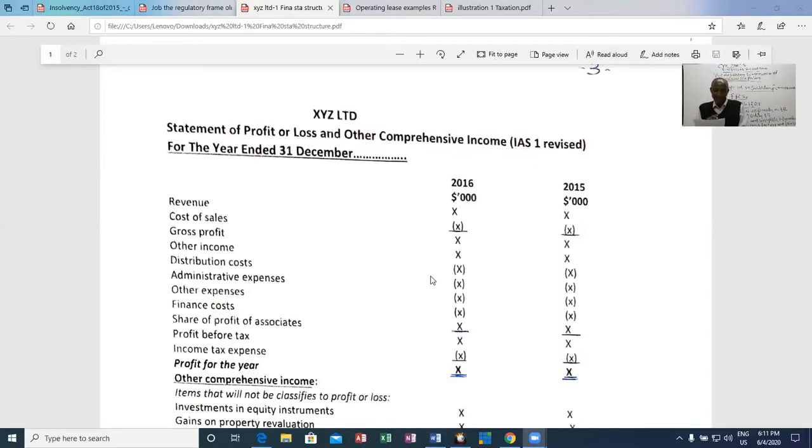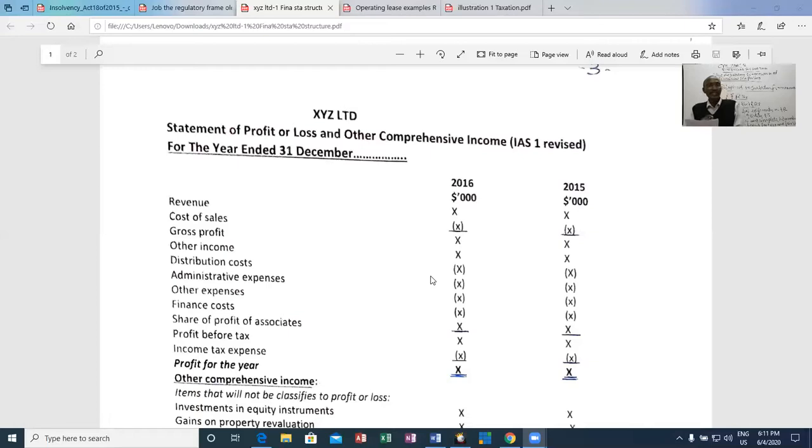One such type of arrangement is called an associate, another company associated with our company that gives us dividends every year. Okay, profit before tax, income tax expense is deducted to give us the profit for the year. Now the profit for the year is also called the net profit.